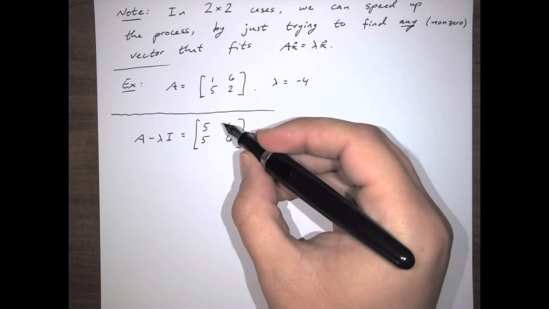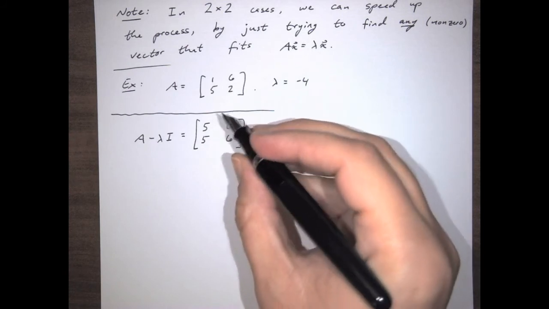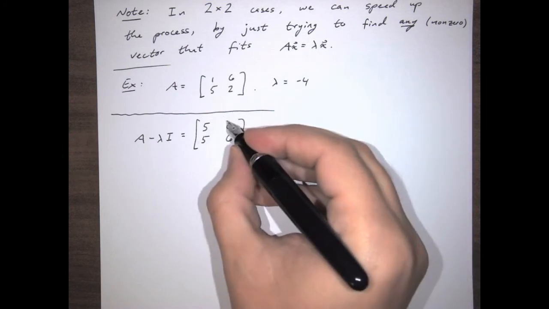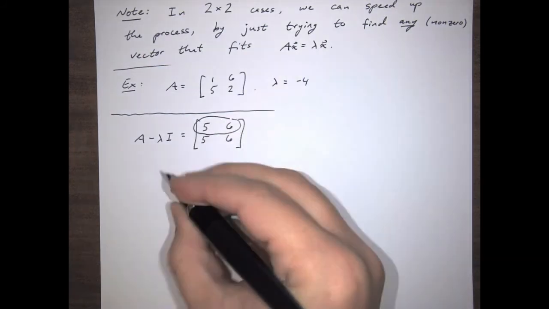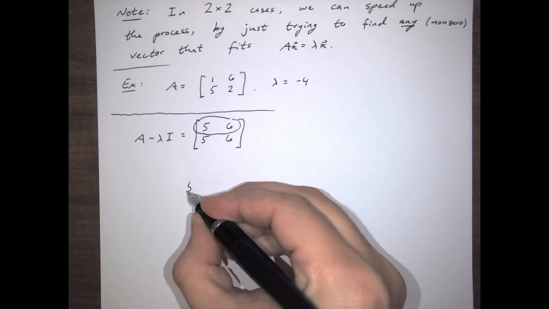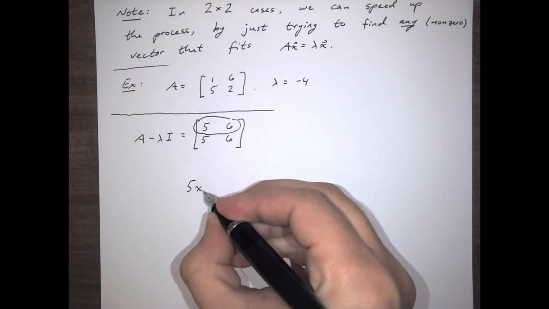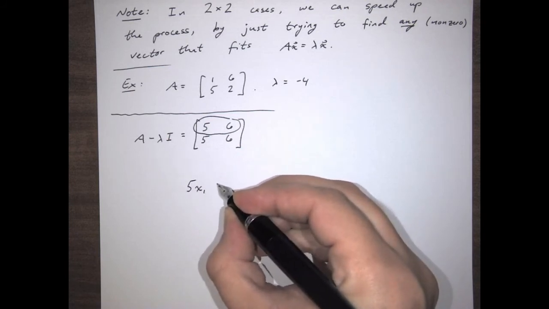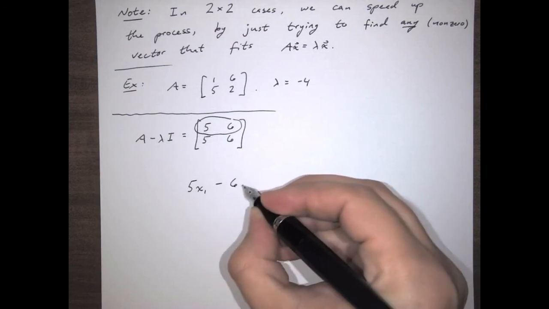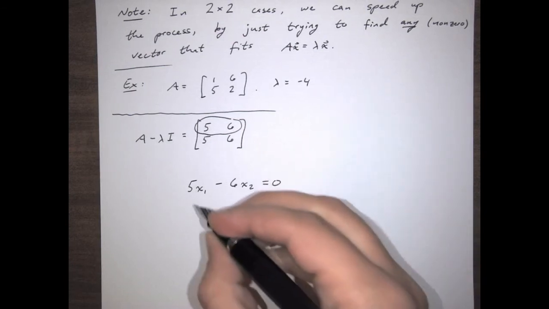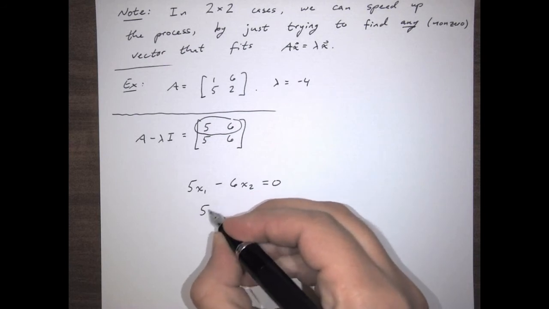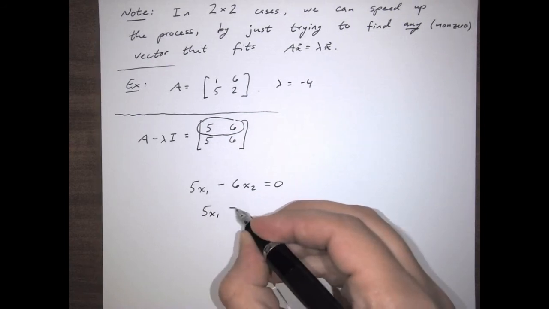why solve for each one in terms of the other ones when instead the real heart of this is the relationship 5x1 plus 6x2 equals 0.